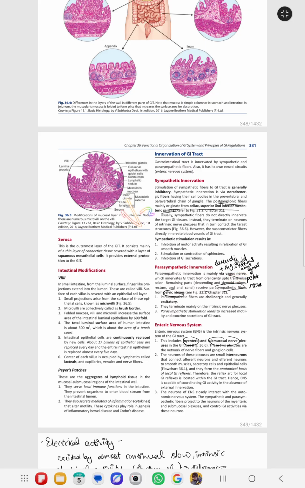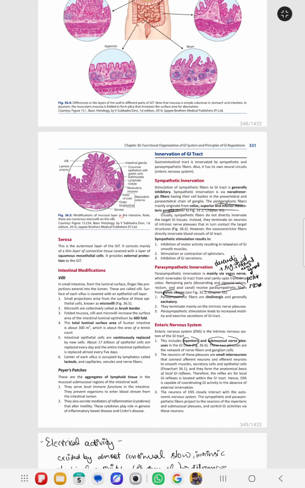This is important. Parasympathetic innervation is via the vagus nerve and pelvic nerves. The vagus nerve supplies up to the transverse colon, whereas the pelvic nerves supply from the transverse colon onwards.